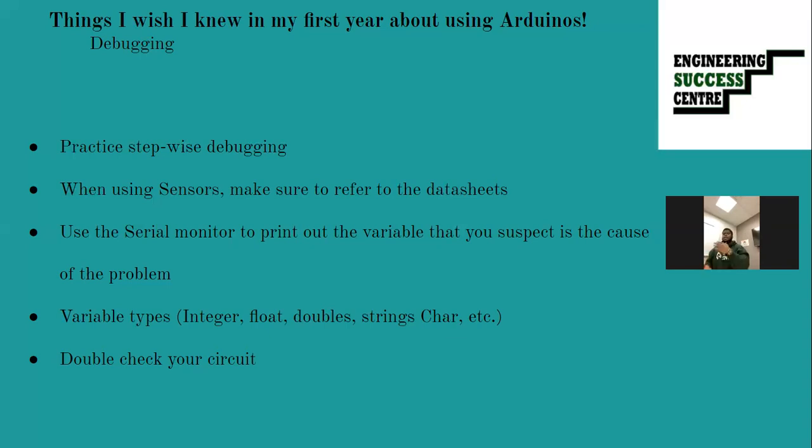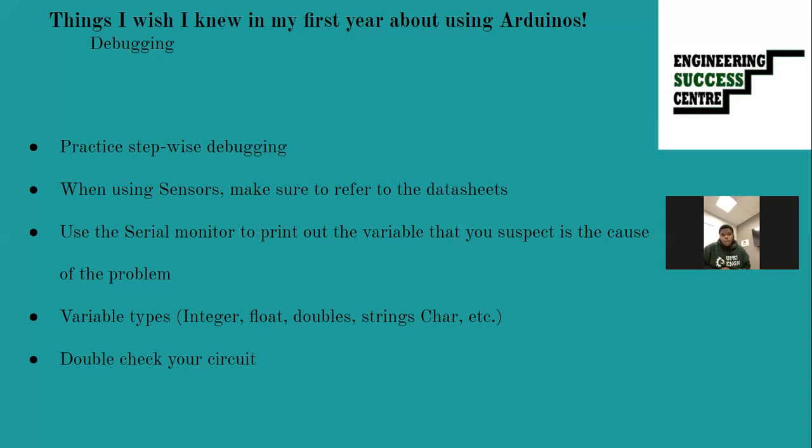So when you get to the end, if you have to do any debugging, you can narrow it down to something very little and find the source of the problem. Another thing is when you're using sensors, make sure to refer to the data sheets. The data sheets are usually given when you're given sensors to use, or you can easily find them online, just so you're sure that you're using the sensor in the right way.